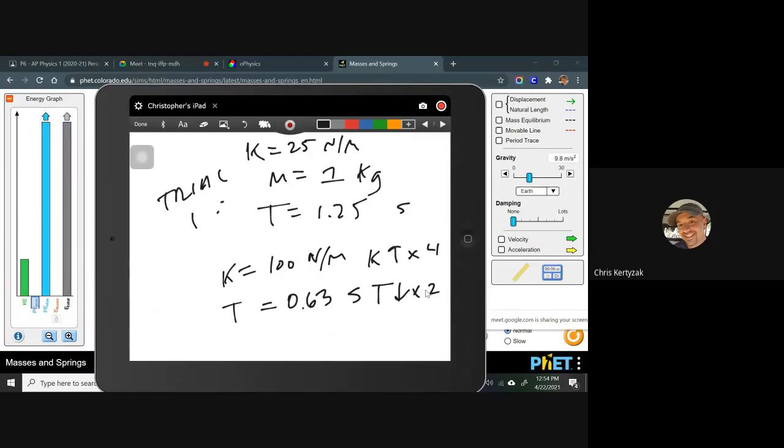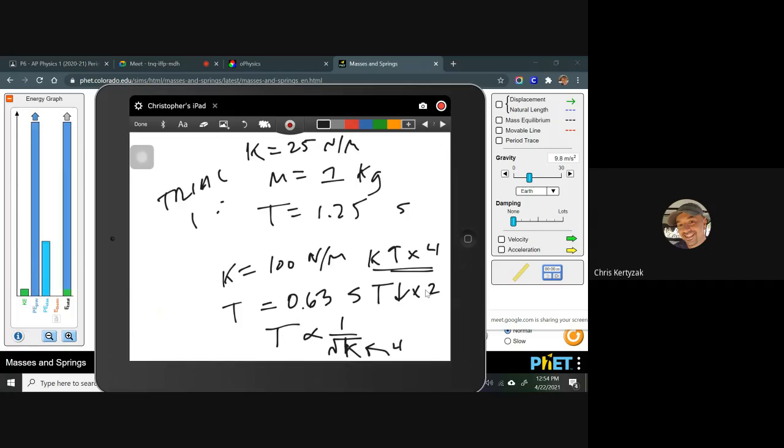So that tells us that the period has an inverse proportion to the square root of K. That tells us again that if K were to go up by a factor of 4, you can imagine putting in the number 4 here and then applying the square root that's around it. 2 comes out of that.